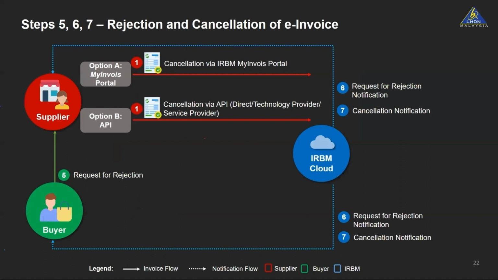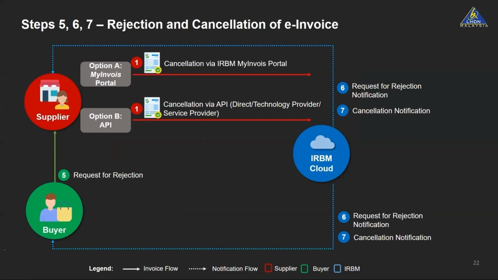Steps 5 to 7 are rejection and cancellation of e-invoice. After the validation by LHDN, the supplier and buyer can make requests for rejection or cancellation of the validated e-invoice within 72 hours.